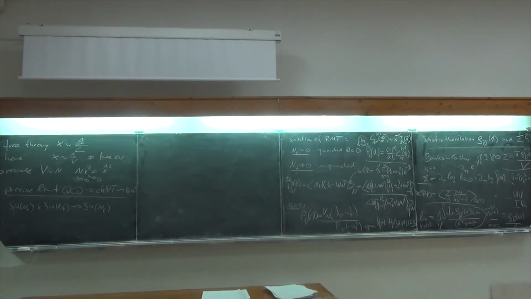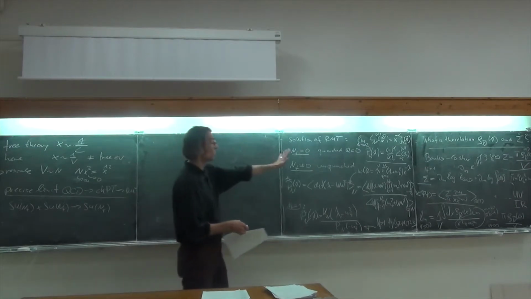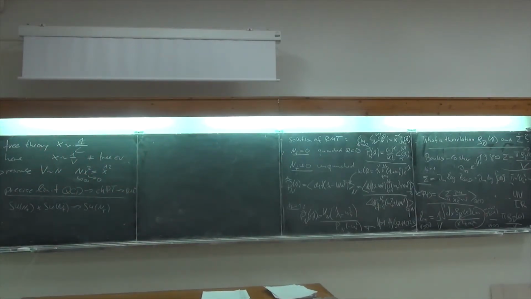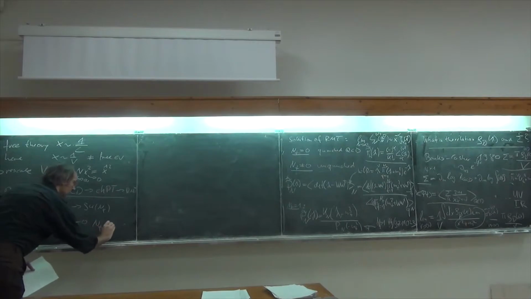In QCD they would be zero mass if all the quark masses were zero, but of course in nature they are a little bit above zero, so the Goldstone bosons are light but not zero mass. So for two flavors, these are just three pions.